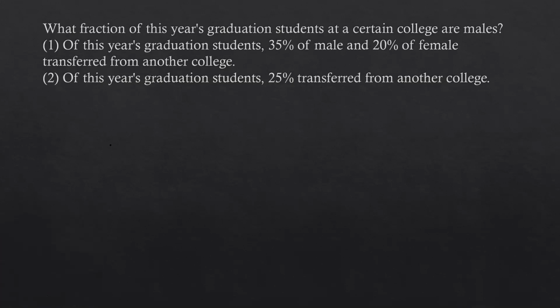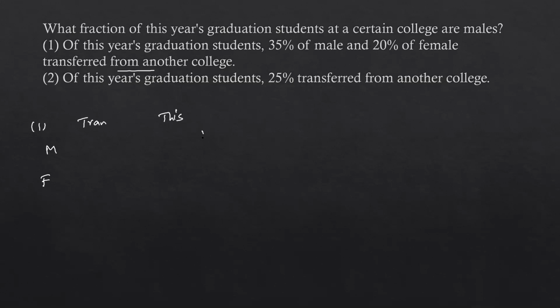It says, what fraction of this year's students are males? So you have two things happening here. You have transfer from another college and you have males and females. So let's always draw that table whenever you have such kind of bifurcations. You have males and females, and transferred from another college and this college. Of this year's graduation students, 35% of males and 20% of females transferred from another college.